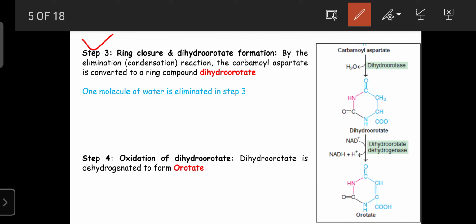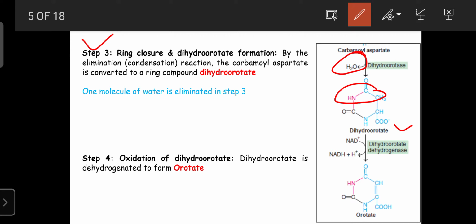In the presence of the dihydroorotase enzyme, it can undergo a condensation or elimination reaction through which one molecule of water can be eliminated. Then in the carboxyl aspartate, the ring can be closed, which is responsible for the formation of the dihydroorotate.